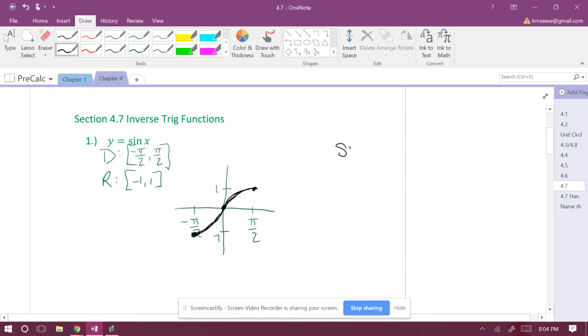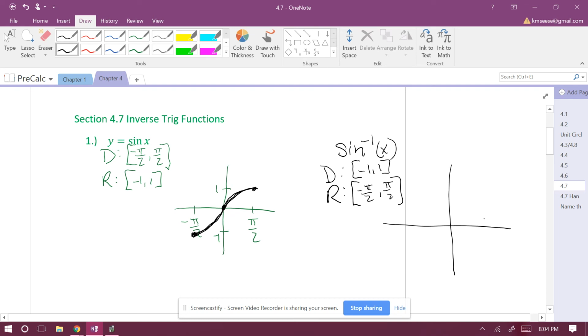So what happens when you have sine inverse of x? Your domain and range, as with inverses, are going to switch. Your domain of sine was negative pi halves to pi halves. That's going to be the range of sine inverse. Your range of sine was -1 to 1. That's going to be your new domain. Graphically, over here we have negative pi halves, -1.